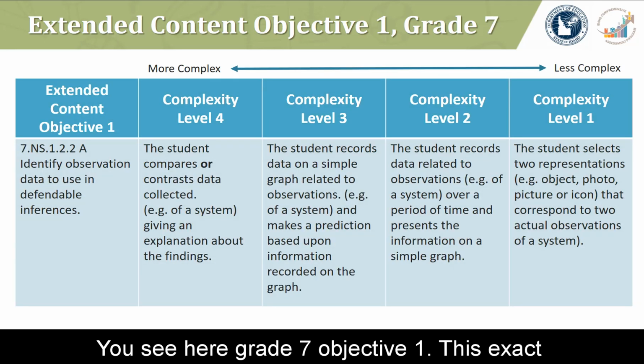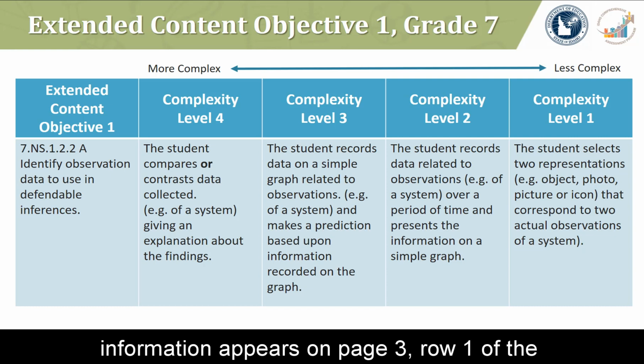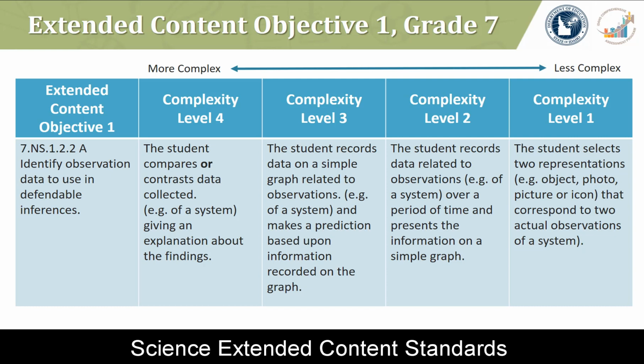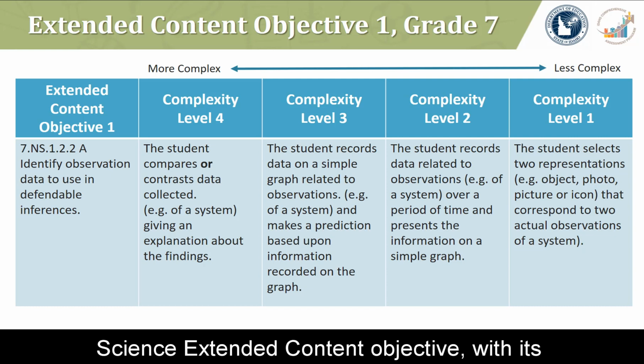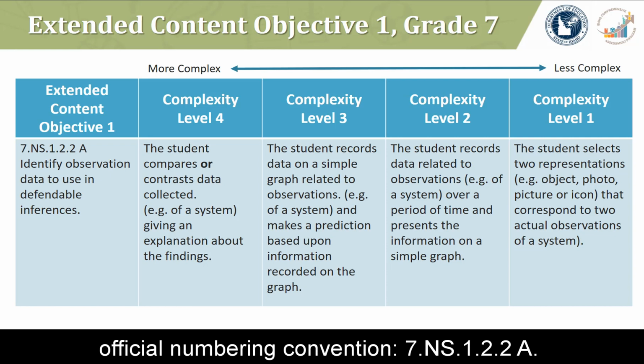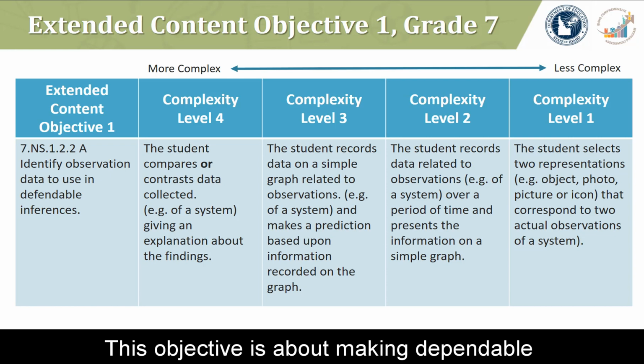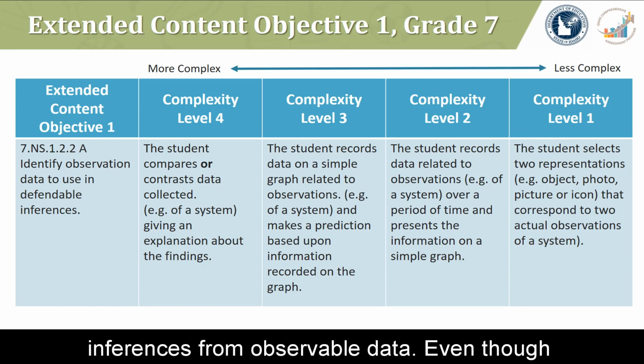You see here Grade 7, Objective 1. This exact information appears on page 3, row 1 of the Science Extended Content Standards document. The first column gives the specific Science Extended Content Objective with its official numbering convention 7.NS.1.2.2a. This objective is about making dependable inferences from observable data.